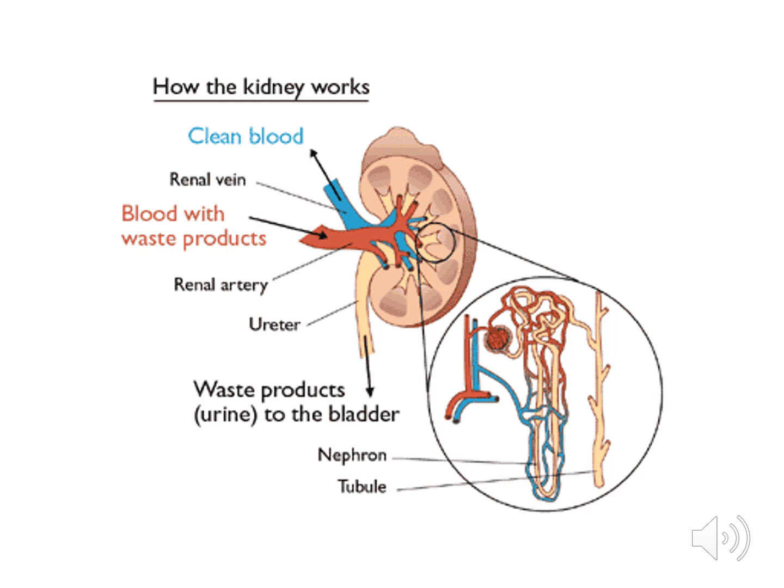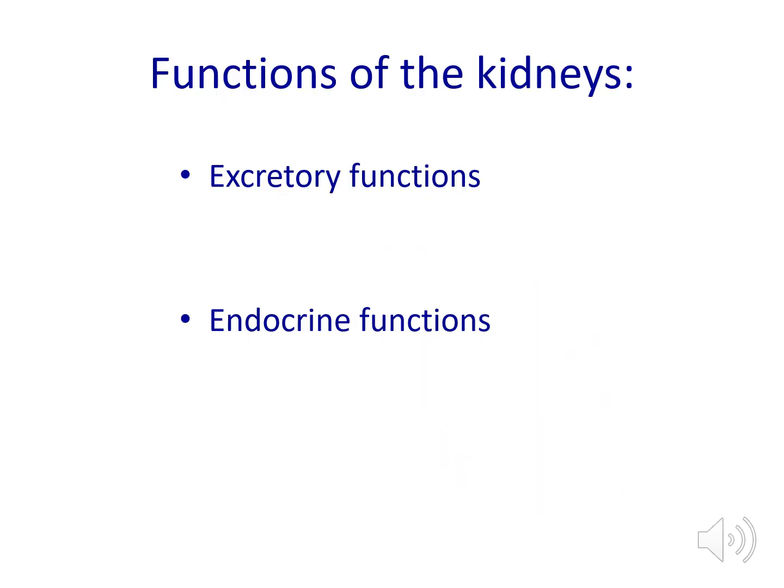Now, there are some things that you do need, but you don't need large amounts of. So in that particular situation, the kidney will get rid of what you don't need, and it'll keep the amount that you do need.